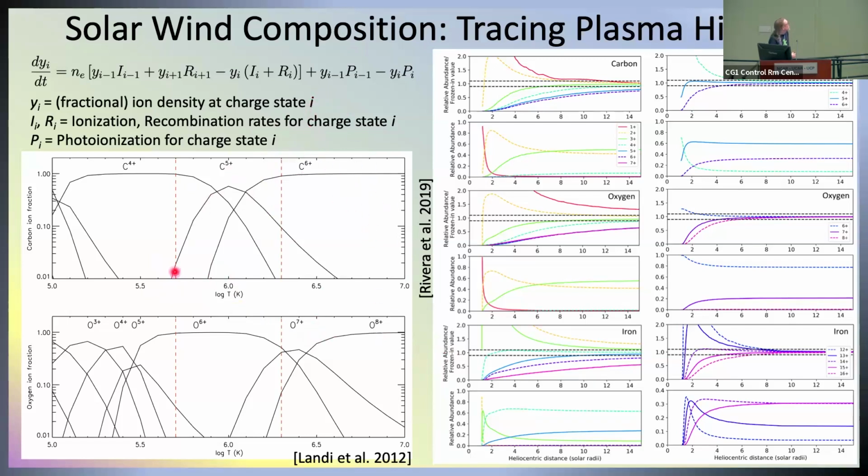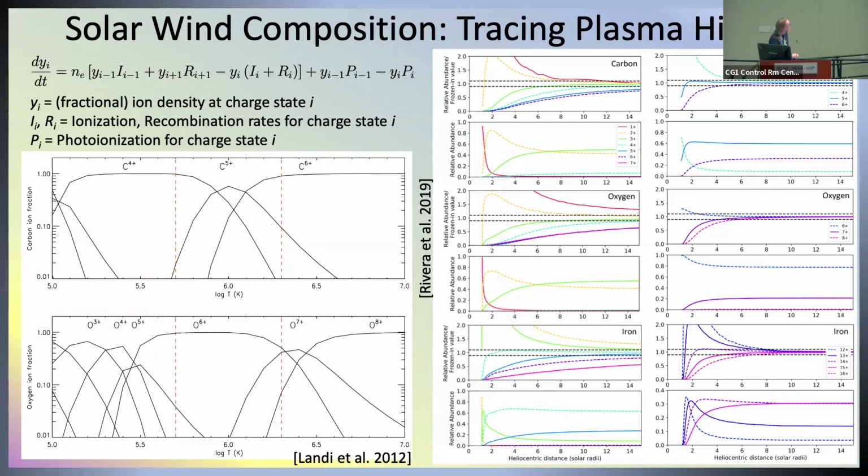But they change ionic states by collisions and running into each other and electrons and radiation. And so there's a whole set of continuity equations you can write for kind of every one of these minor ions to track how much of them are in the 8 plus or the 7 plus or the 6 plus or the 5 plus kind of bin for everything.